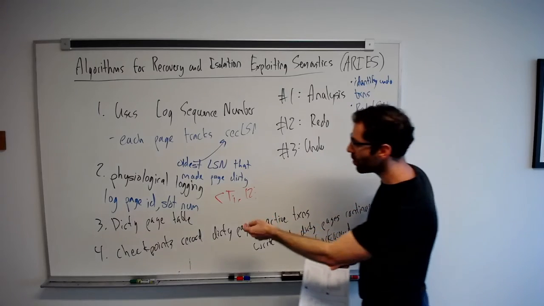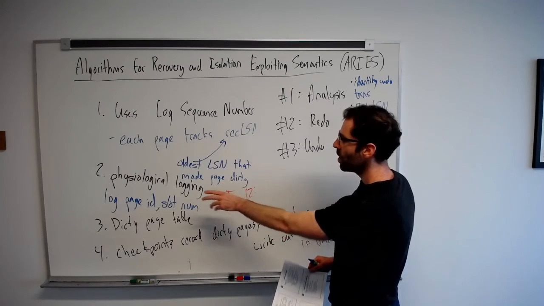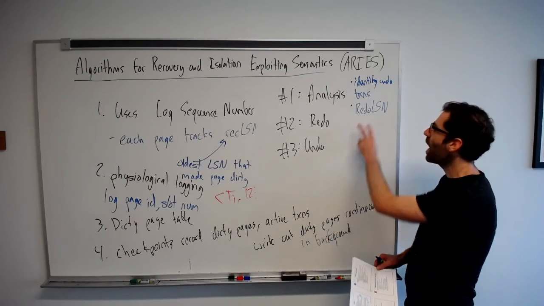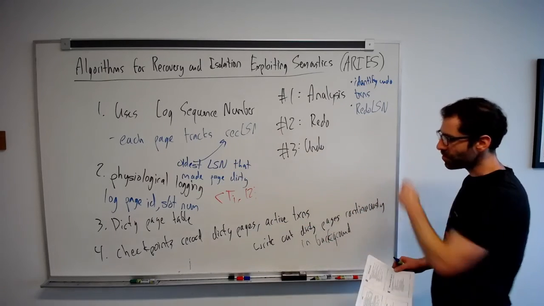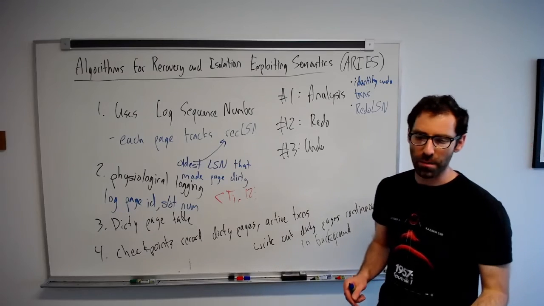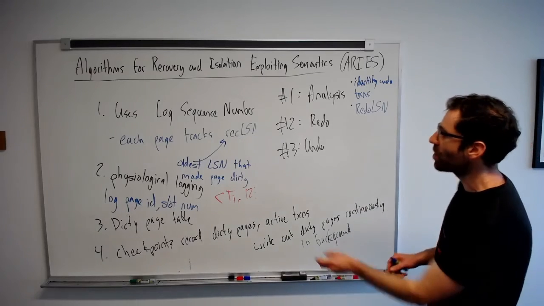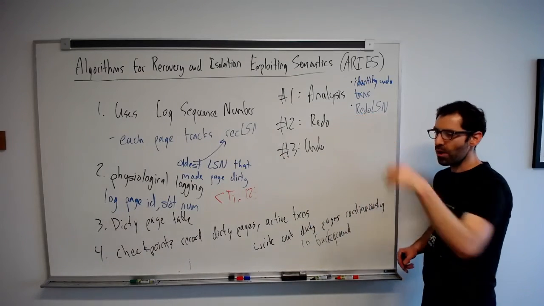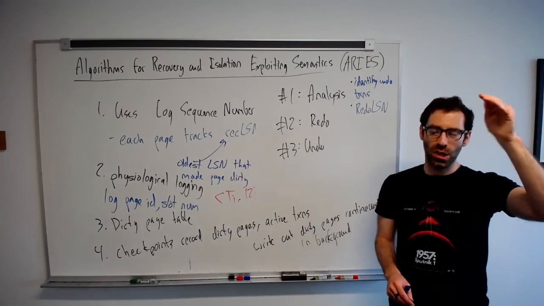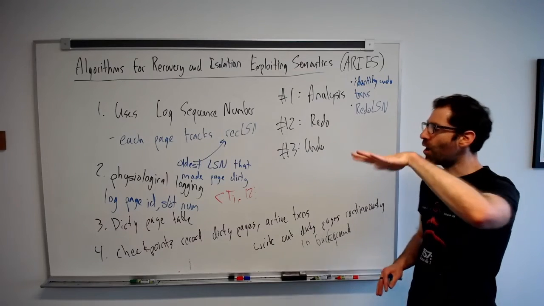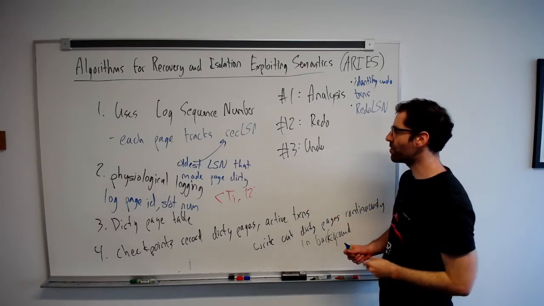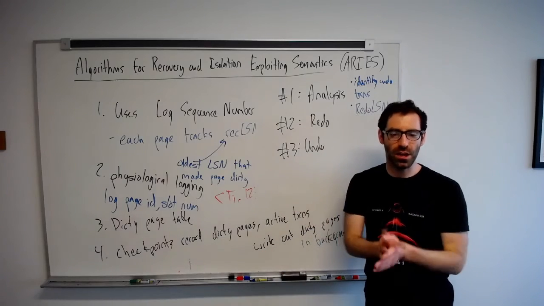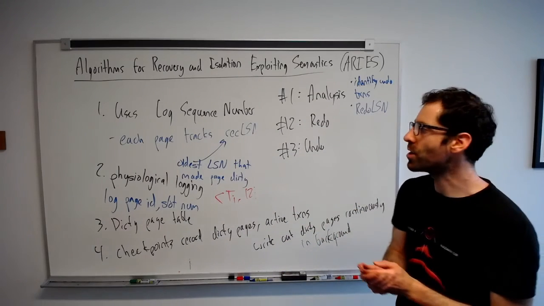When we get to the checkpoint, we know what the active transactions were at that point, and because we're keeping track of these LSNs, we're going to be able to identify which log sequence number we need to start at for the oldest active transaction, and then the redo and undo will proceed similar to the phases that I already described.